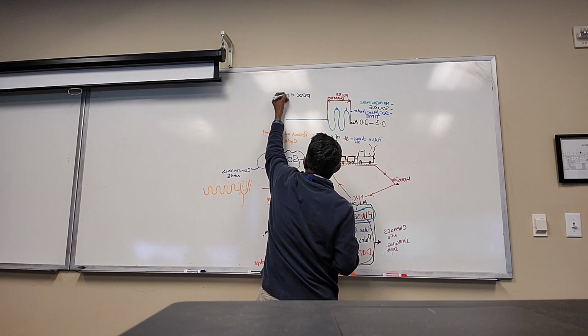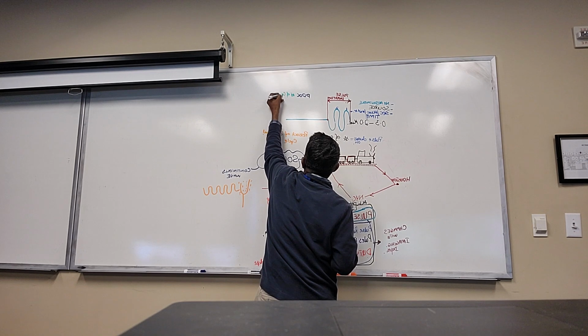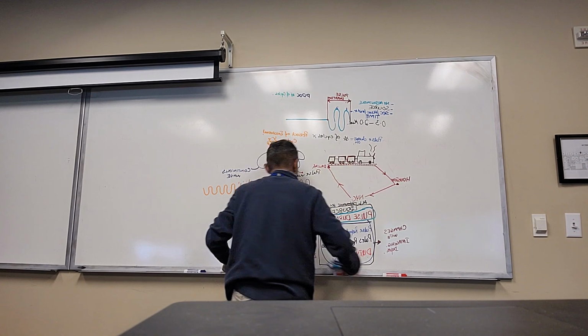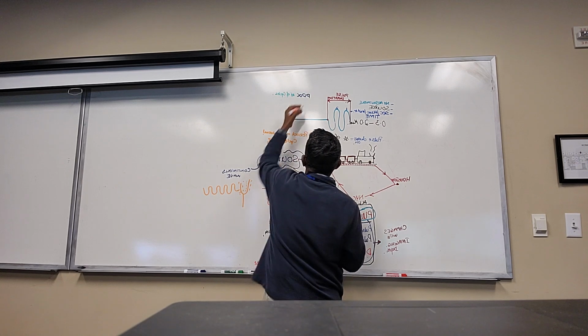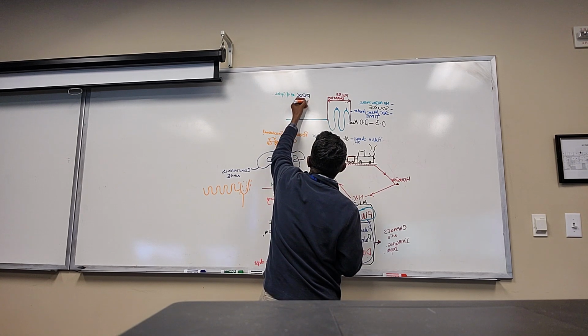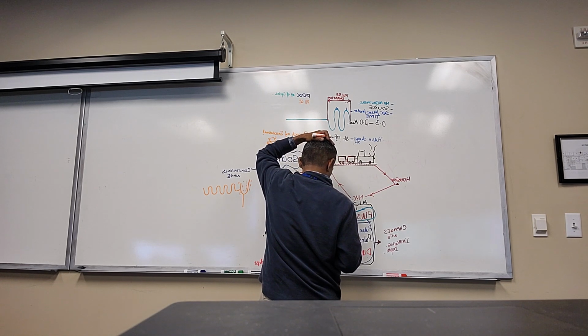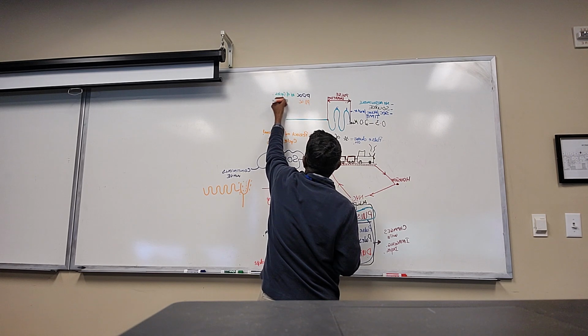Then pulse duration is directly proportional to the period of individual cycle.